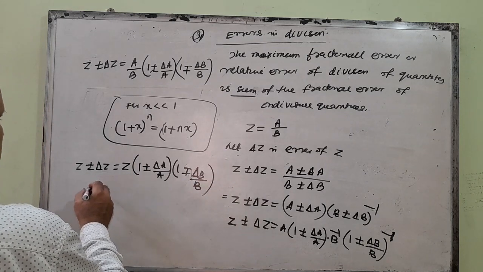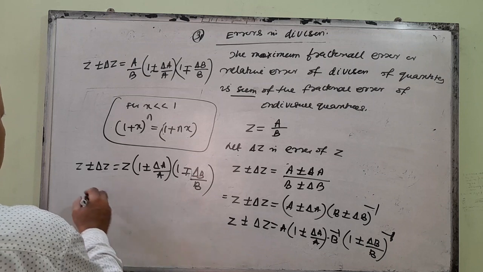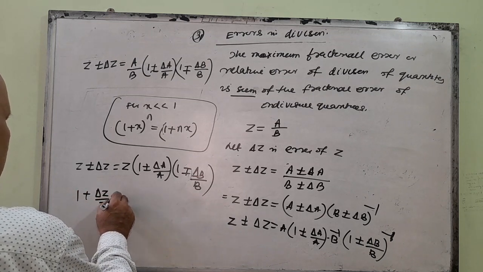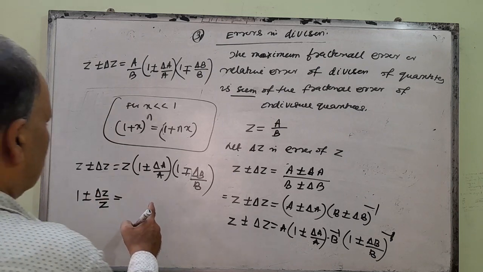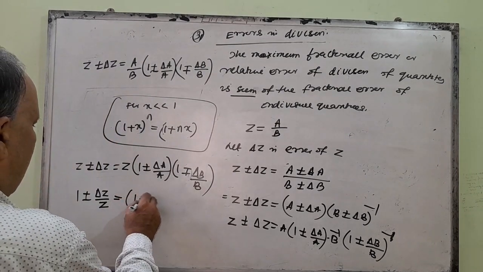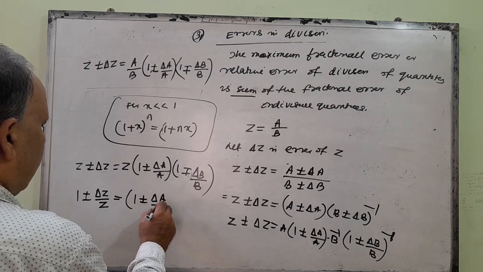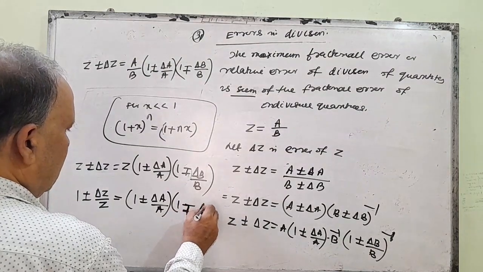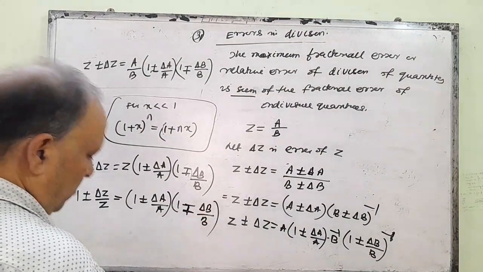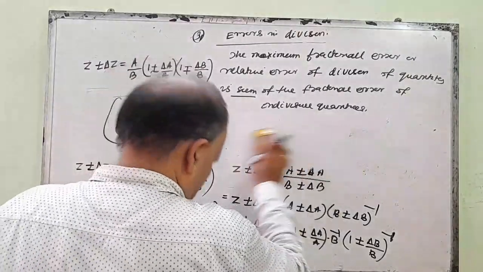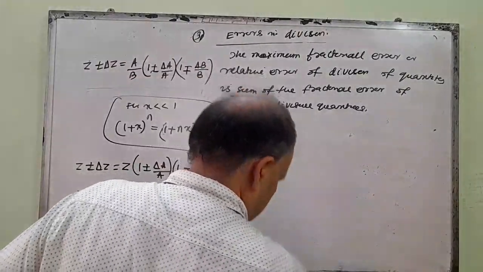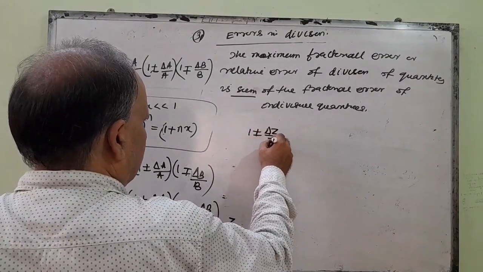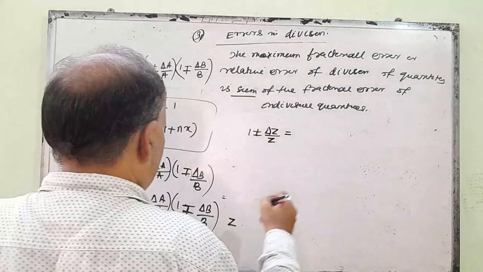I can write, divide both sides by Z, 1 plus minus delta Z by Z is equal to 1 plus minus delta A by A into 1 minus plus delta B by B. Multiply.